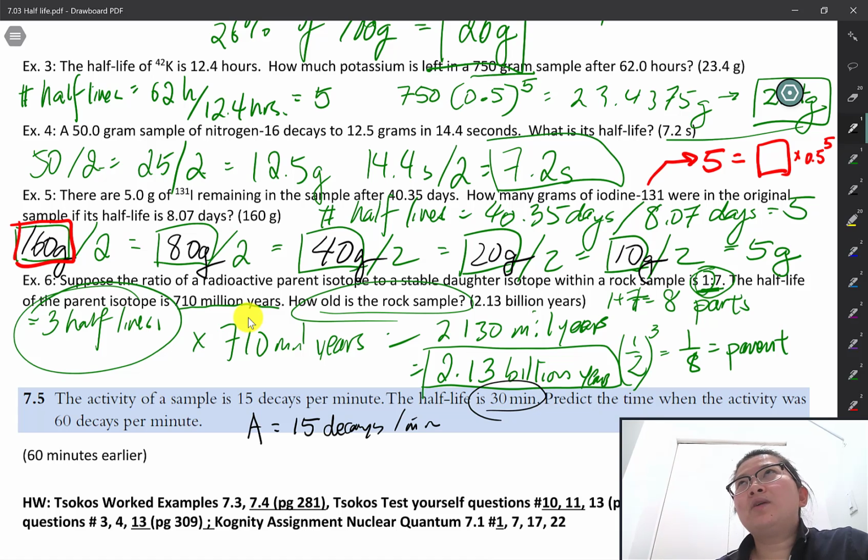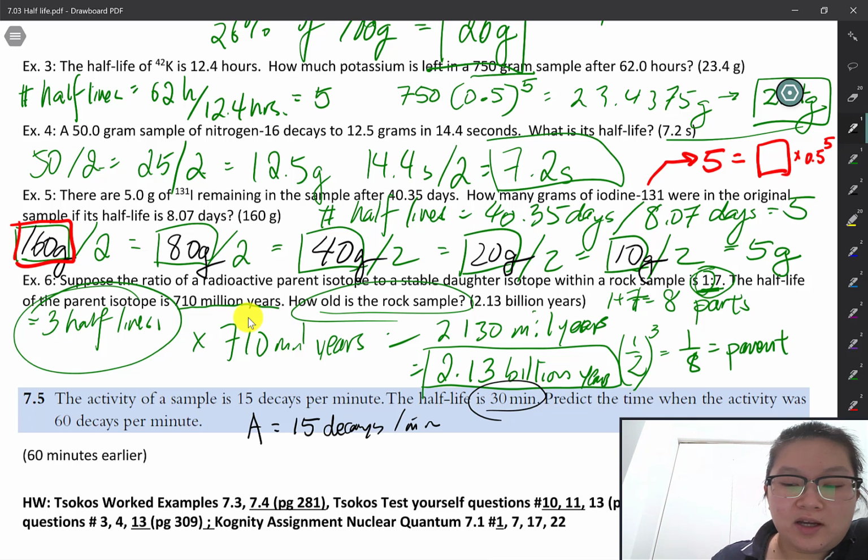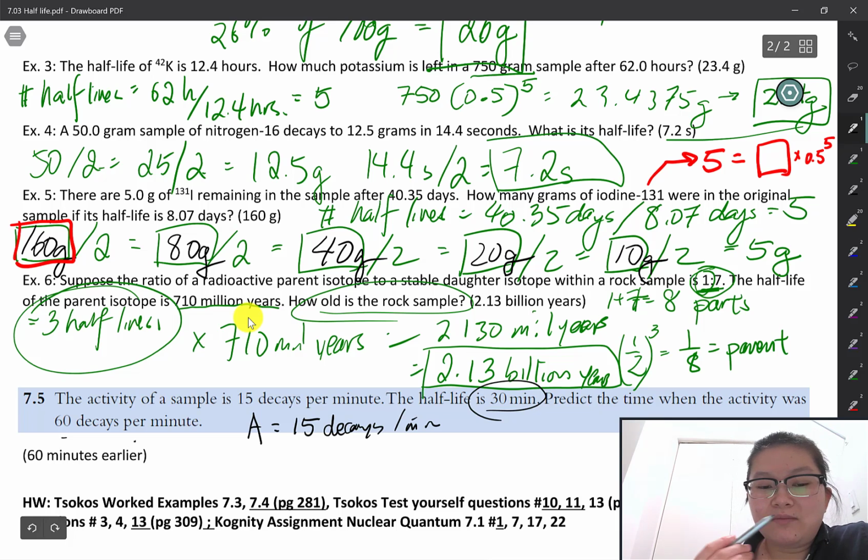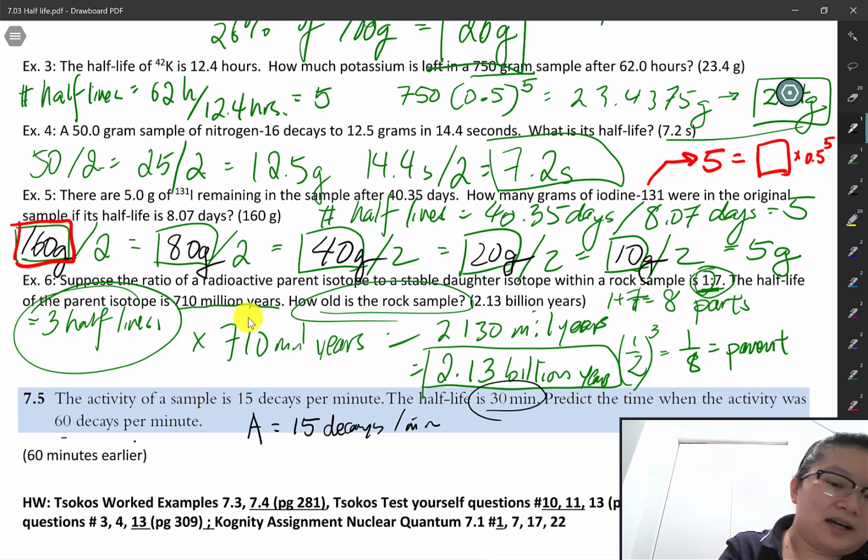So one thing we have to realize is that the rate of decay, the activity, slows down over time because you're going to have less parent radioactive nuclei to decay. So when the activity was 60 decays per minute, it means it was earlier in time.